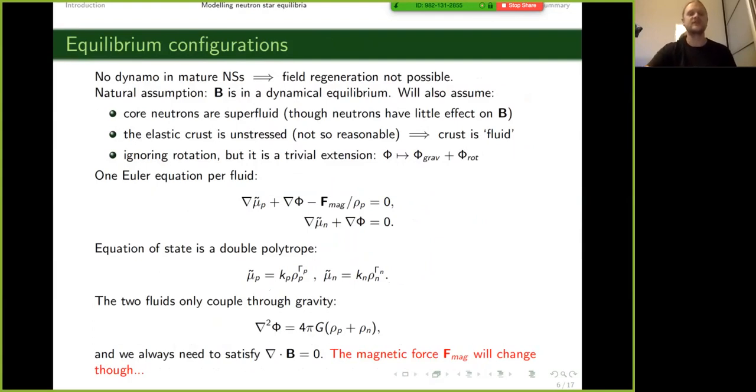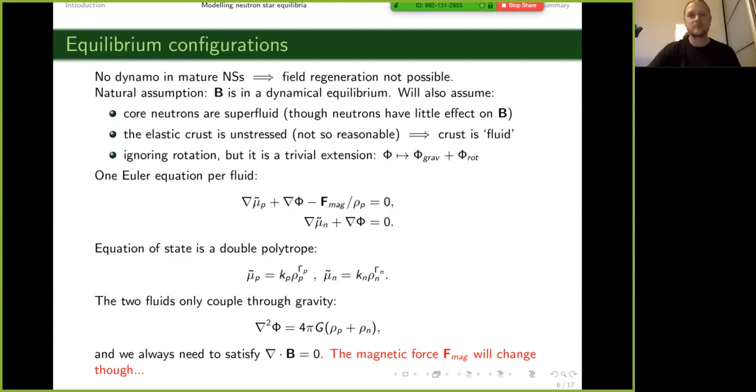The sun, for example, continuously regenerates magnetic field, and many main sequence stars do that. There is no such mechanism in a neutron star, so the fact that they have strong, long-lived magnetic fields means they must be in some sort of steady state. There's no option of destroying the magnetic field because there's no way to regenerate it.